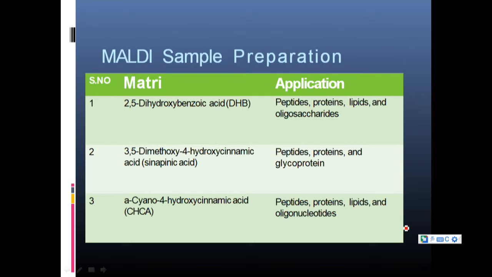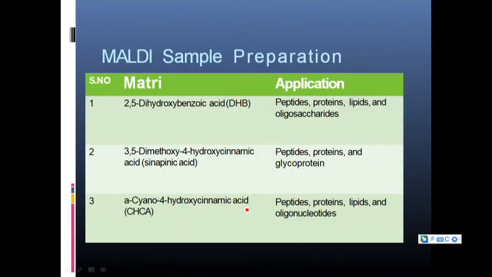Alpha cyano 4-hydroxycinnamic acid, for proteins, peptides, lipids, and oligonucleotides. Since we are dealing with the subject called proteomics, the most common matrix for analysis is 2,5 dihydroxybenzoic acid, and the second one is alpha cyano 4-hydroxycinnamic acid.